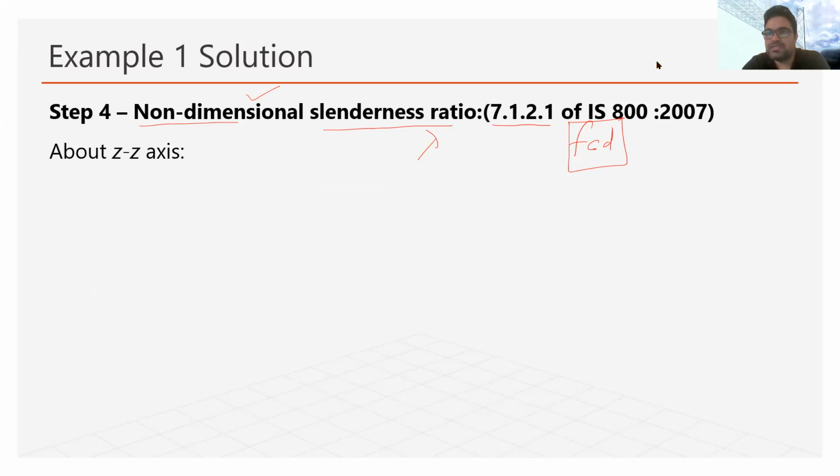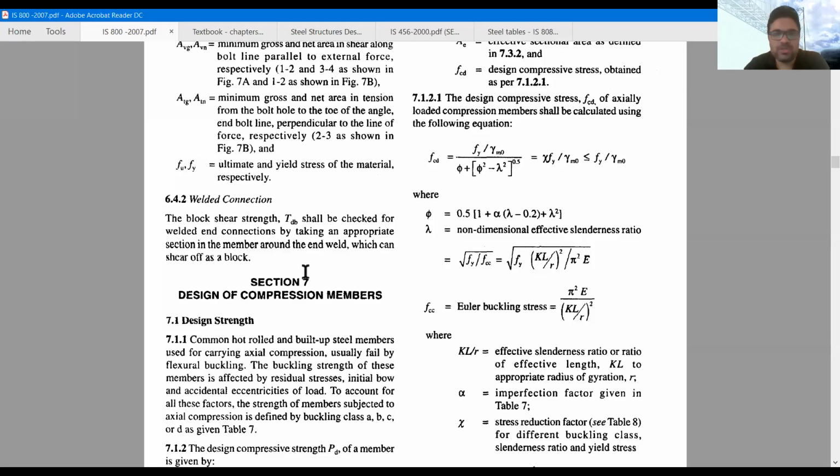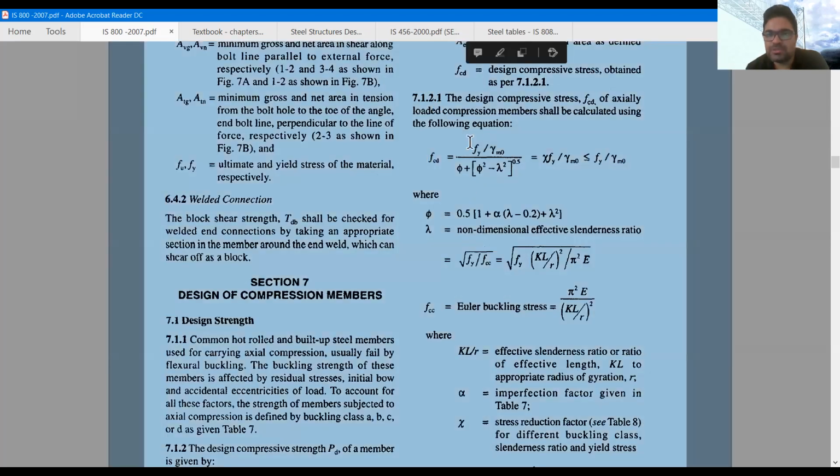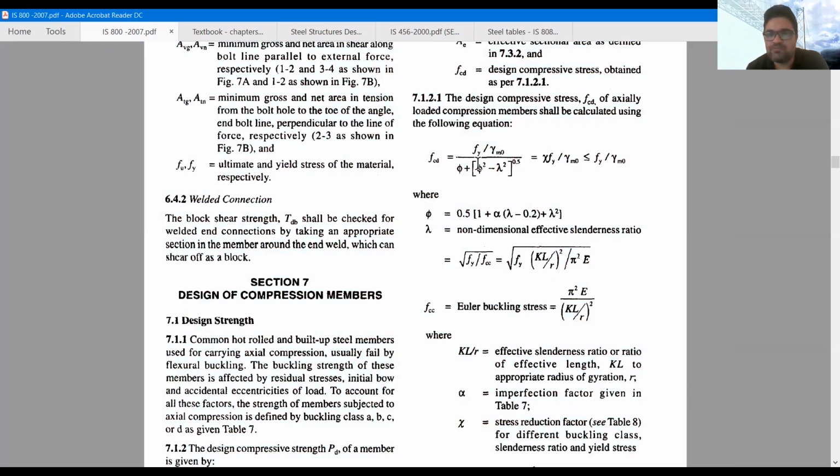So there you can see in the IS 800-2007, and I was mentioning about this clause 7.1.2.1. So if we refer to this clause, we can see that to find out the value of FCD, we have to use this formula. In the formula, Fy value can be calculated, and there are two parameters that we have to find out, which is phi and lambda.